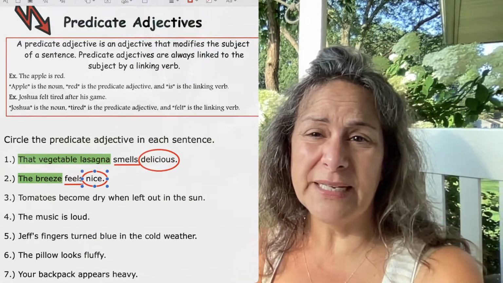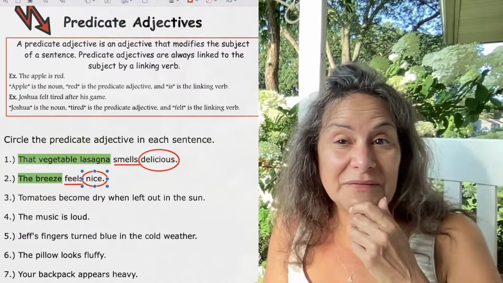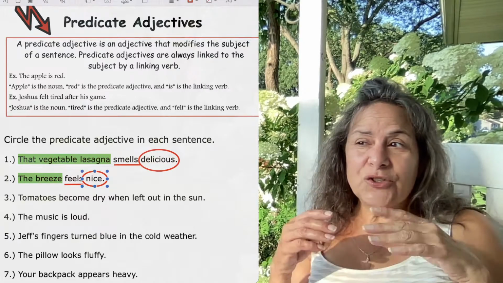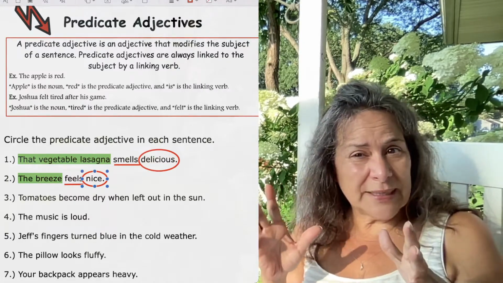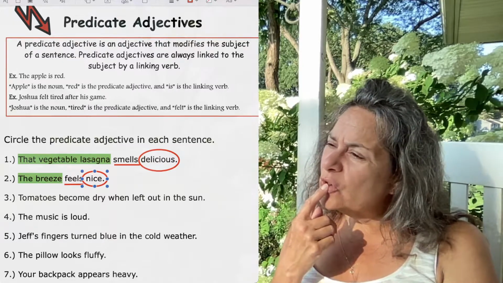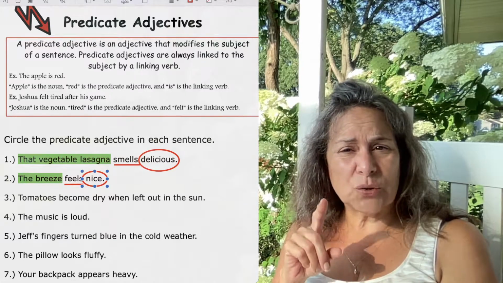The breeze was welcomed. All of those can describe the breeze, right? And so sometimes when we're thinking about communicating, we might have to think, I have to describe it. That's an adjective.